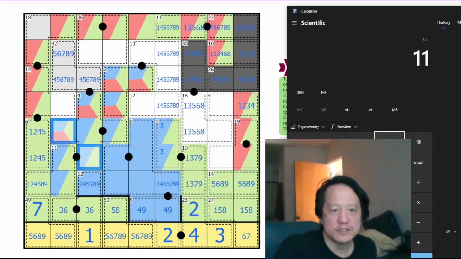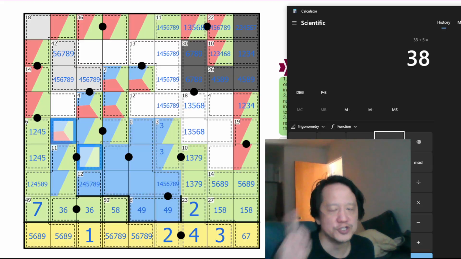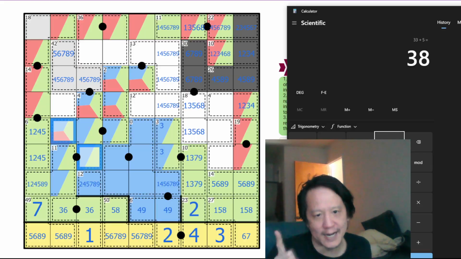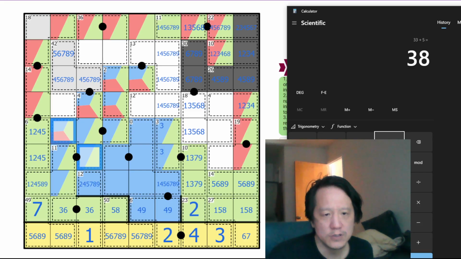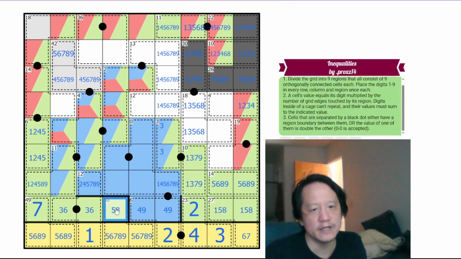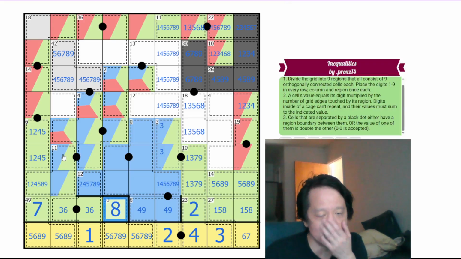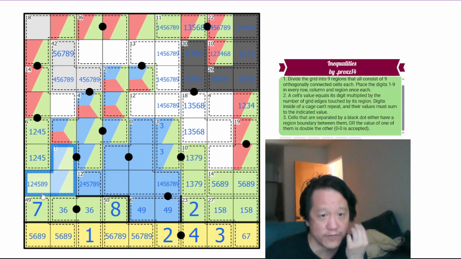So 6 plus 11 plus 7 plus 9 plus 5 would mean the other singleton digit would have to be a 7, which is not possible. So this must be an 8. So this is 8. These are 2 digits adding up to 11.